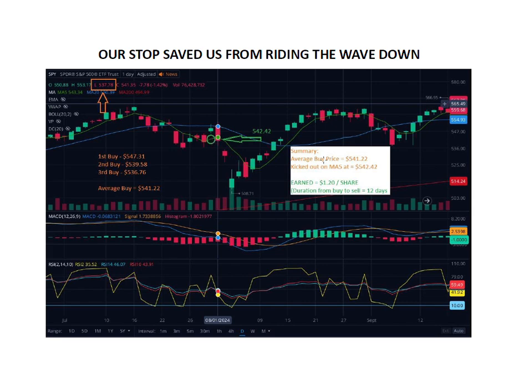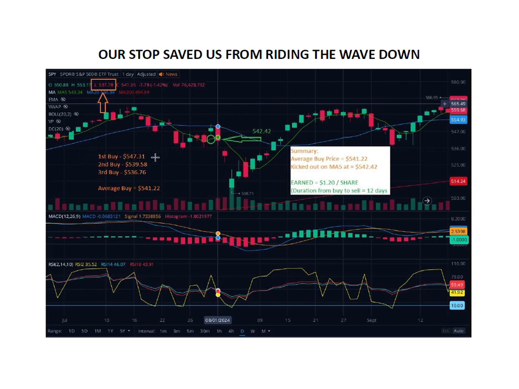So, did we make anything? That's the question. Or did we take a loss? Well, let's see. Our average purchase price, I wrote it out right here in this box, on this empty area. Our first buy, 547.31. Our second buy, remember our buys were 1 right here, 2 right here, and 3 right here, and then we got kicked out right here.